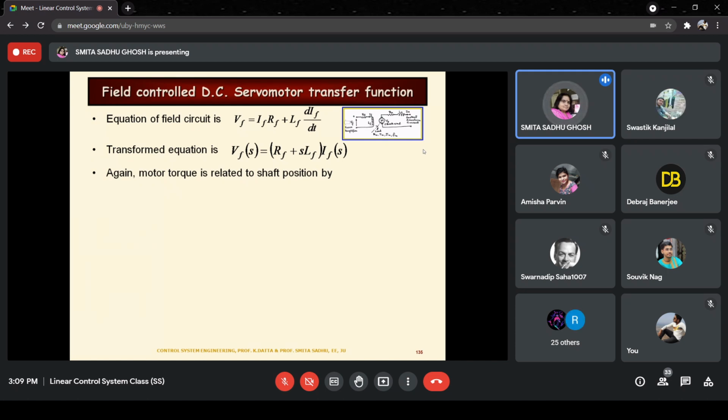You have to consider those as well. JM and FM also will be there, you have to consider those effects.